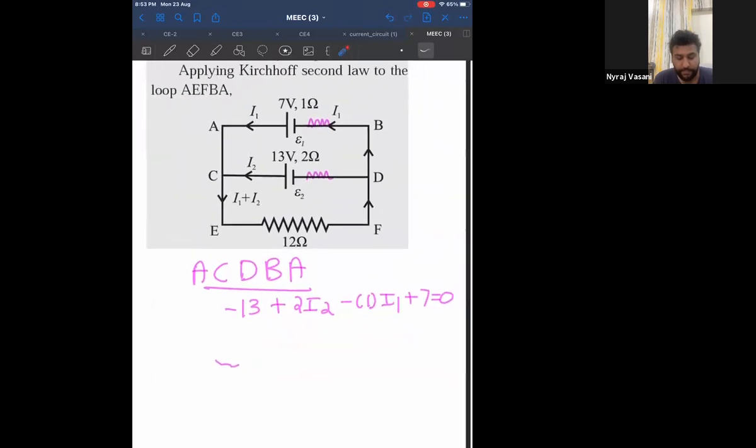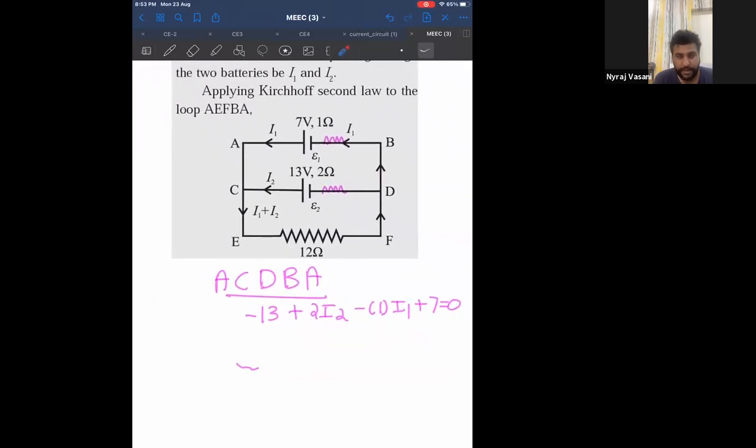Now, can you copy one example? Write down a side heading: example. Draw this circuit as an example and try to get a loop.